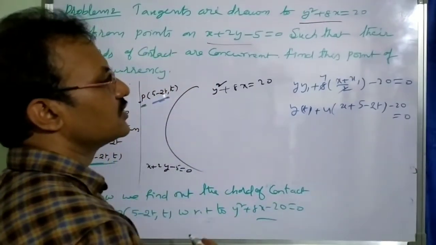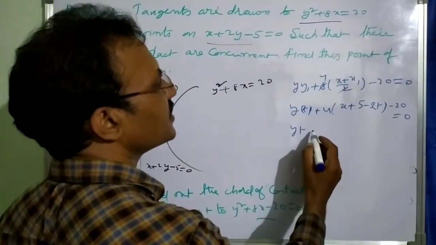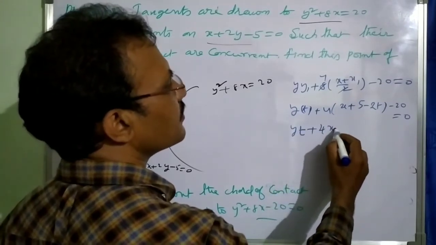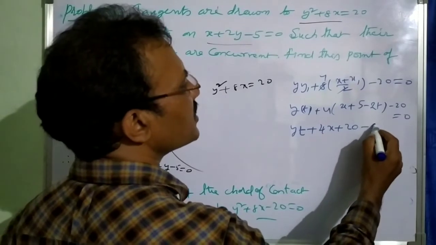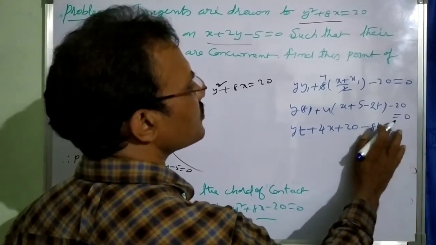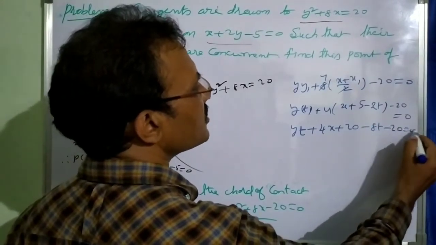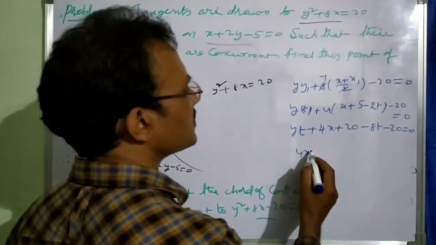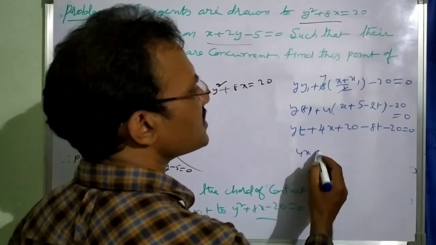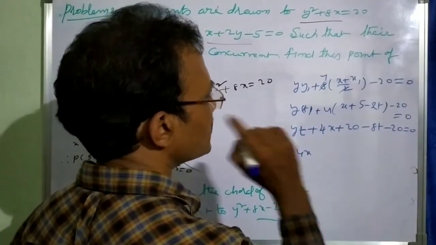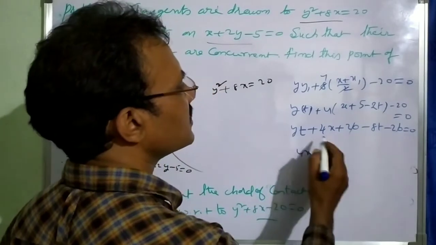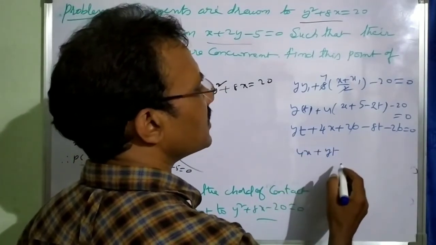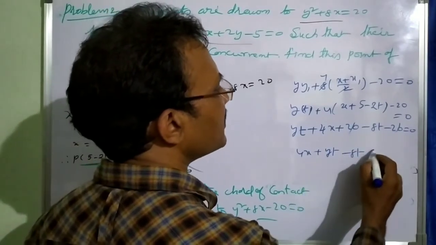This is the line. That means yt plus 4x plus 20 minus 8t minus 20 is equal to 0. The 20 minus 20 cancelled. Here we are getting 4x plus yt minus 8t is equal to 0.